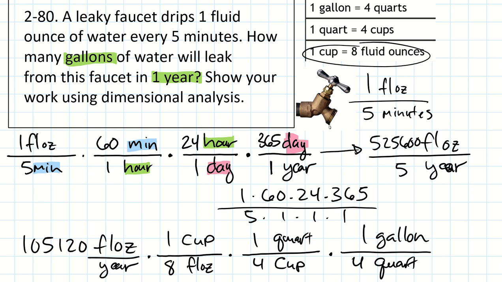So if we look closely at what's happening here, our fluid ounces will be eliminated, cups will be eliminated, and quarts will be eliminated. And the only thing we're going to be left with is gallons and per year. So we've got gallons up here, and we've got our time unit down below as per year.